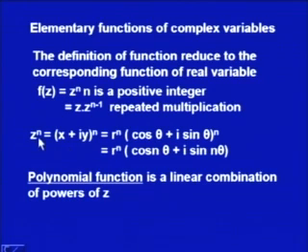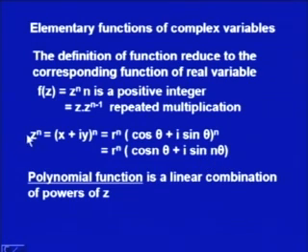So, z^n can be expressed as real part r^n cos n theta plus i times imaginary part r^n sin n theta, where the real part u is a function of r, n, theta and the imaginary part is also a function of r, n, theta.